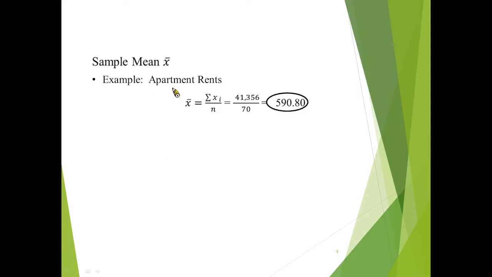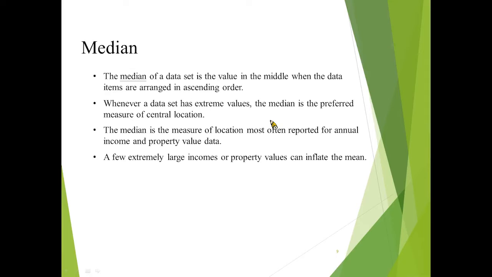The mean is the average, so we take the total and divide by 70, because the sample size is 70, and we get the sample mean.